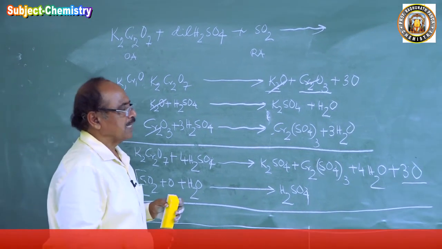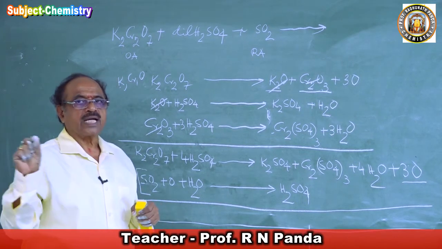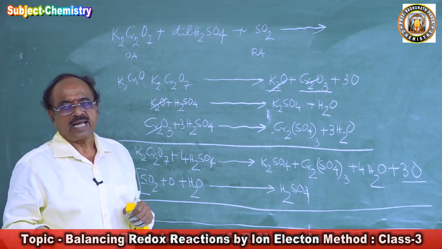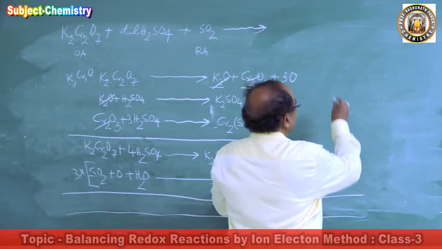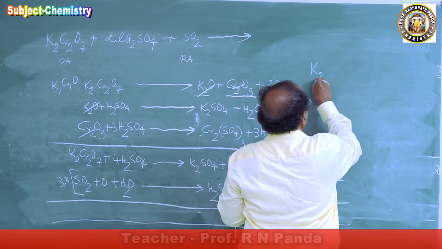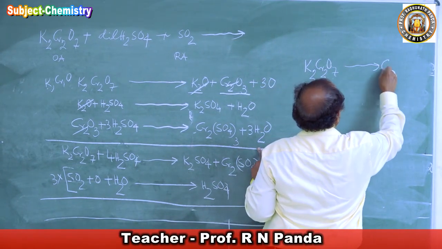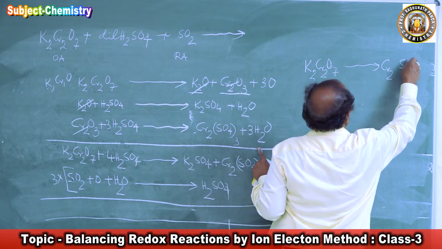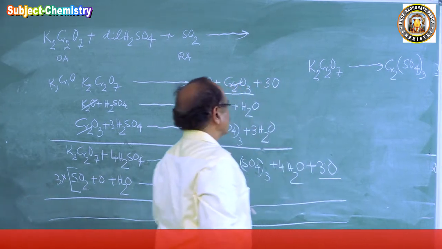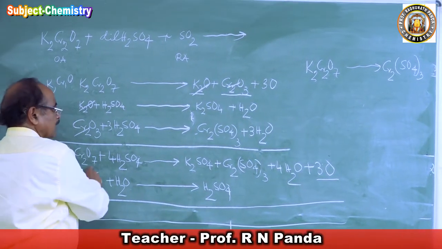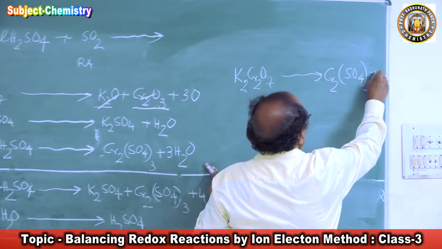So the rule says, write down the equation for oxidizing agent, ascertain the oxidized and reduced state of the substances. So what is happening here? Potassium dichromate is becoming Cr2(SO4)3, and this is one equation.